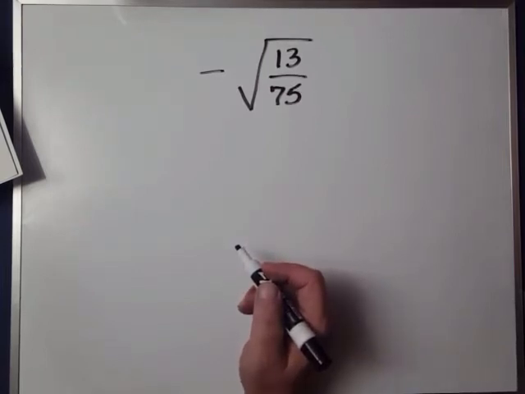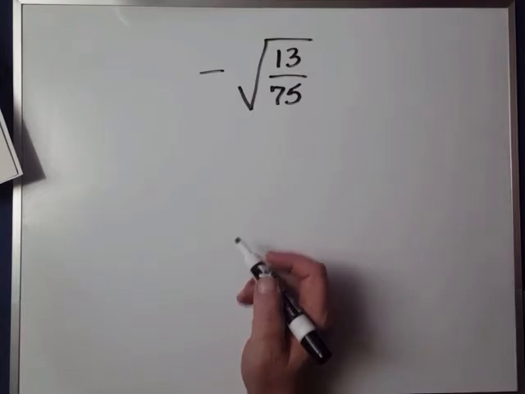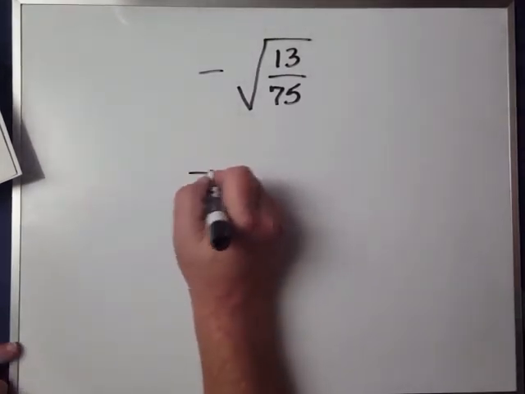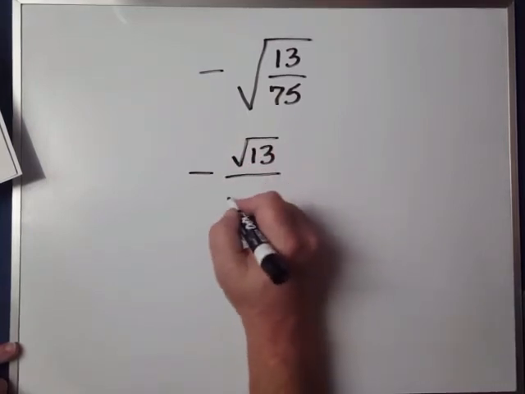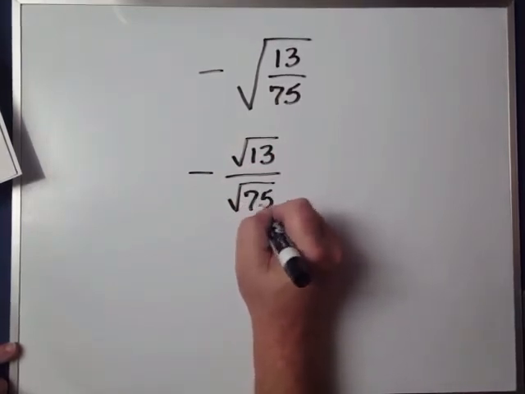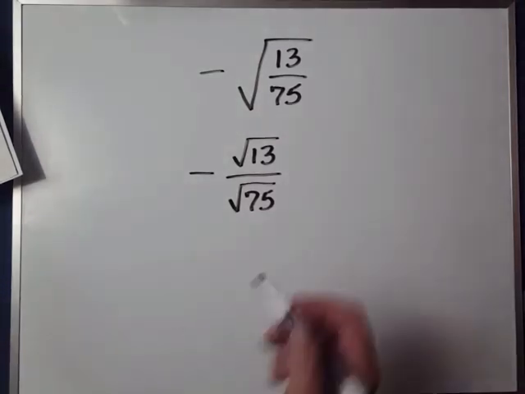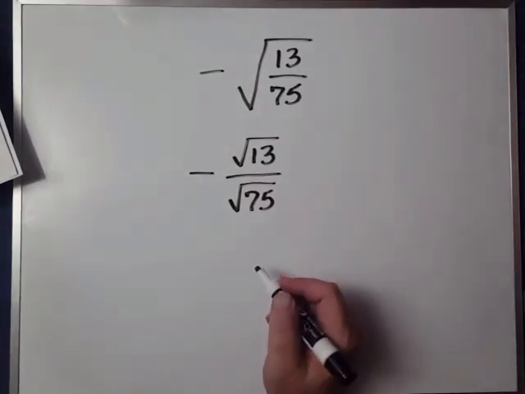Well, we know how to fix that. We'll use our quotient rule for radicals and write this as negative the square root of 13 over the square root of 75. Okay, so we no longer have a fraction under our radical.